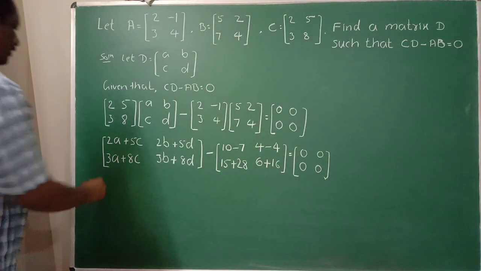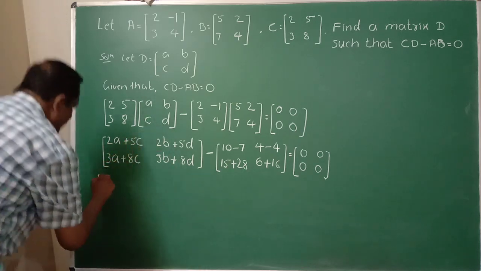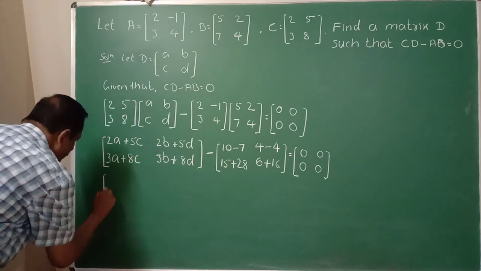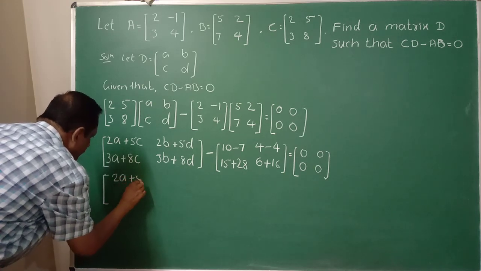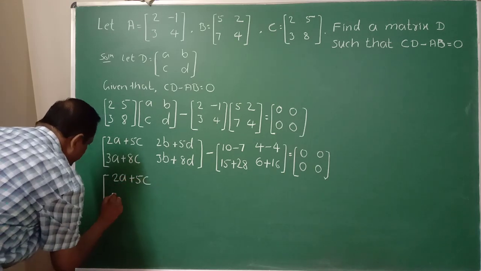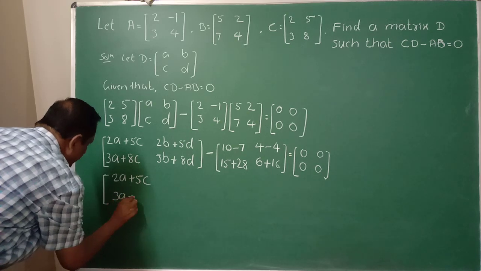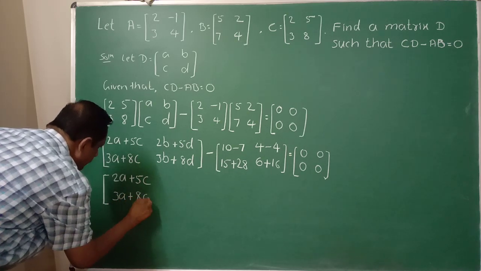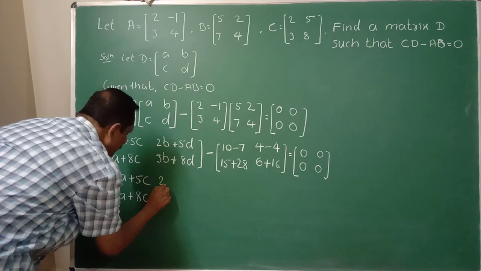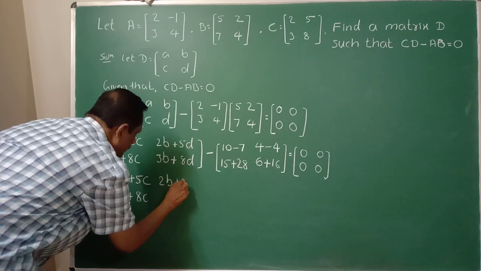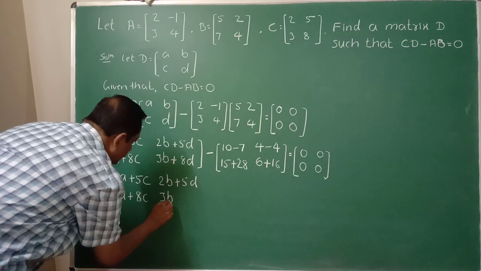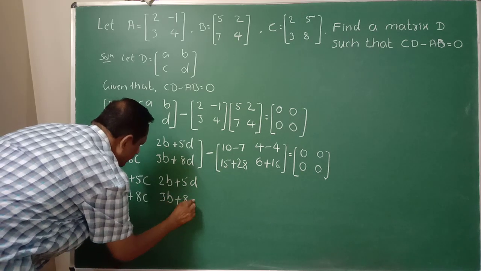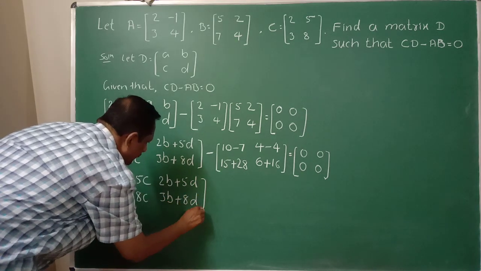Then 2a plus 5c, 3a plus 8c, 2b plus 5d, 3b plus 8d, minus.